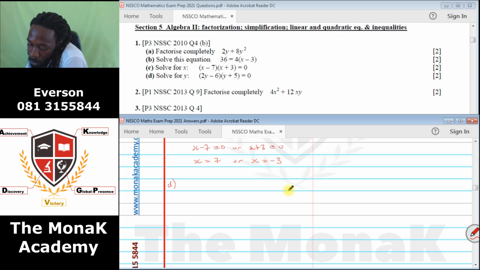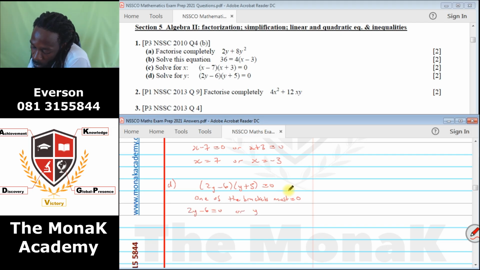D. So for y, we have that. So similar thing, 2y minus 6 multiplied by y plus 5 equals to 0. One of the brackets, so we don't know which one, so that's why we say 2y minus 6 must be equal to 0, or y plus 5 equals to 0.